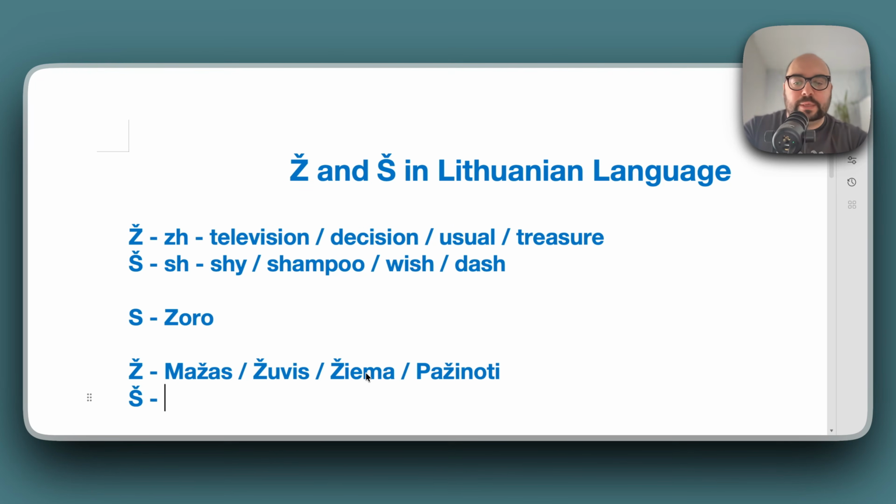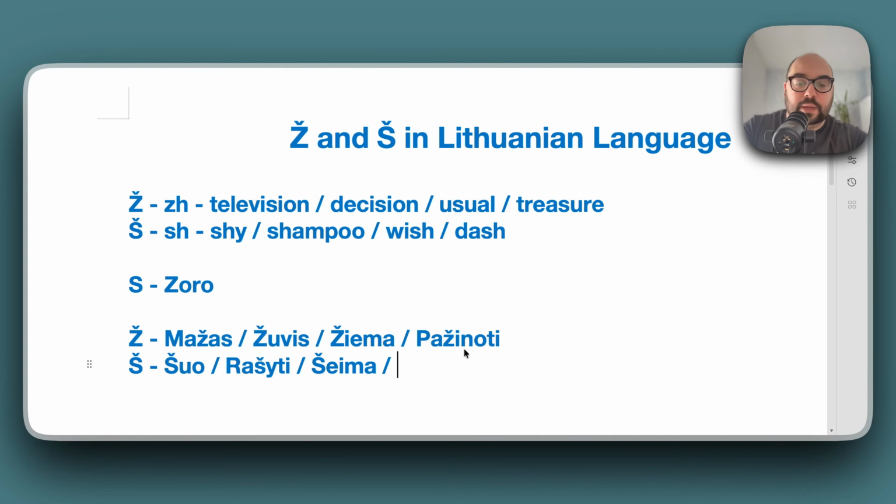Now with this one, of course, we have šuo, a dog, šuo, no vibration. Rašyti, to write something or to write something down. Šeima, family. Ašara, a single tear.